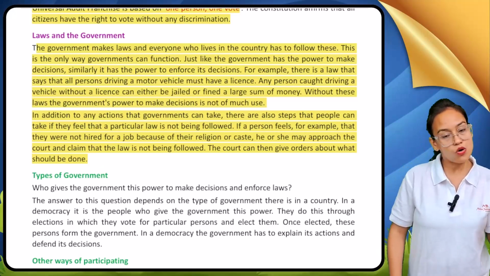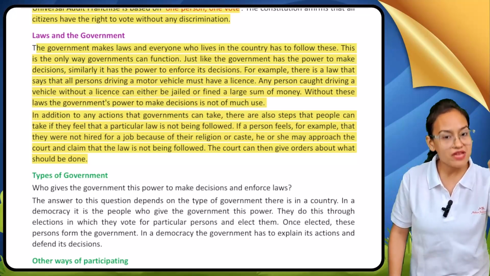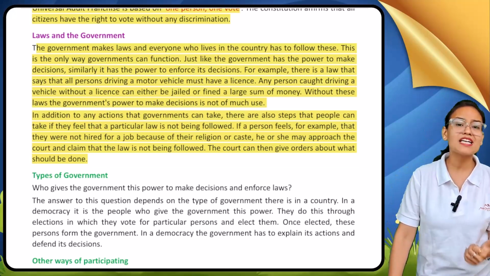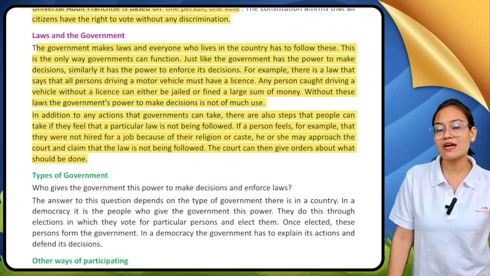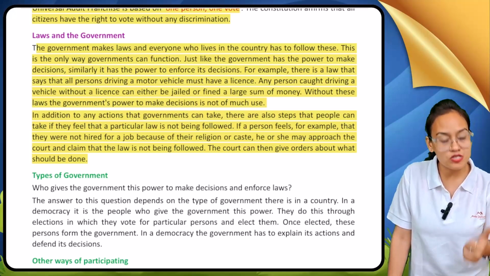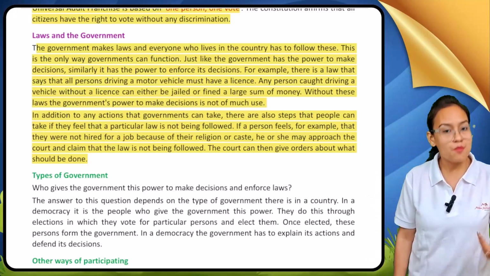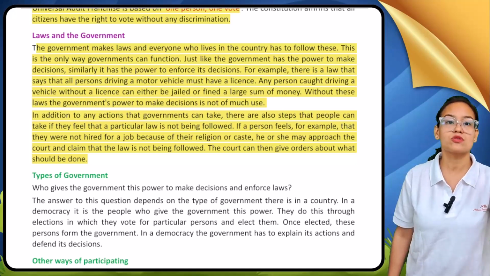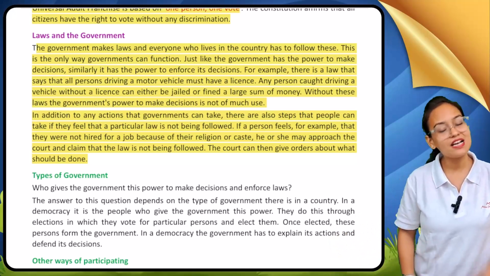On the other hand, if any person is caught without a proper driving license, they might face jail or a heavy fine. The rule is made by the government and also enforced by the government, but it is a positive rule. Because if I drive a vehicle without any driving license, maybe in a road accident I can kill myself or kill another person also. So it is mandatory, my dear students, that if you want to drive a vehicle, you must carry a driving license.